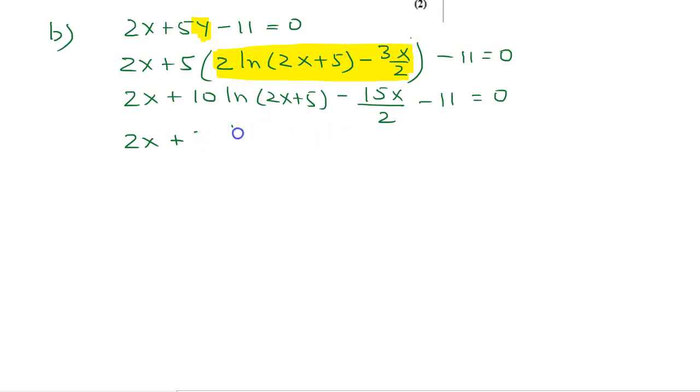So what we are going to write is, we solve it this way, that is 2x minus 15x over 2 is equal to minus 10 ln 2x plus 5 plus 11.